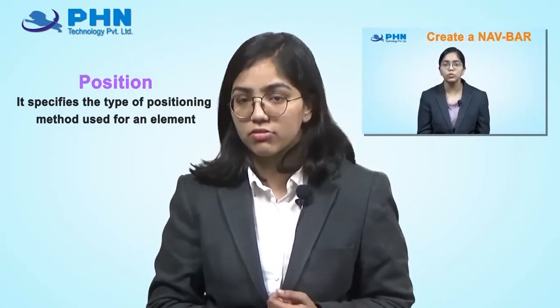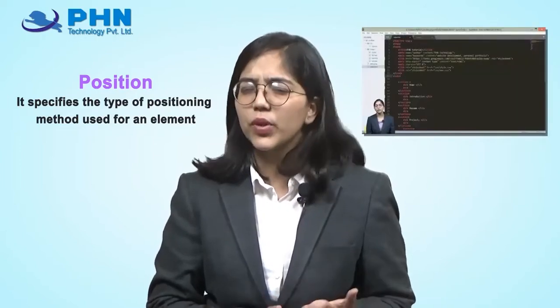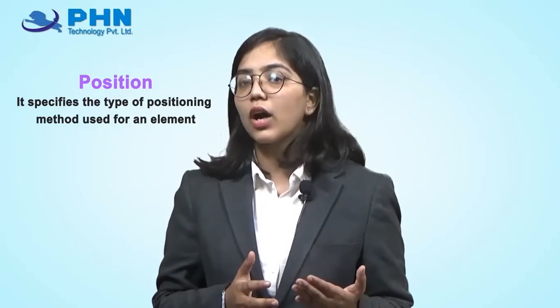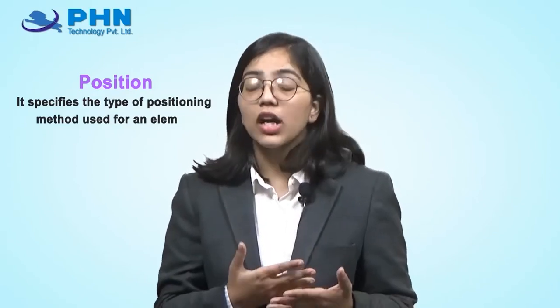Now we have used this property in the previous navbar tutorial. Why are we using it here? Because we are going to position the text box over this container. So here the position property values, absolute and relative, are going to play a very vital role. What does absolute do?